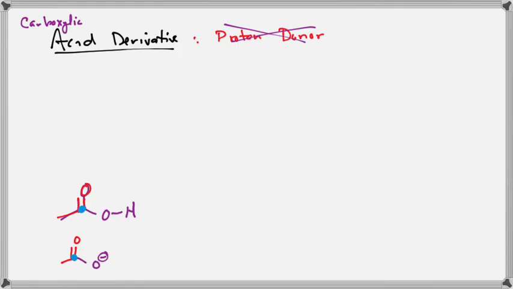Okay, what other derivative did we talk about? There was another one. There was the nitrogen. Sorry, I had to think internally, and we'll come back to that internal thought in a second.